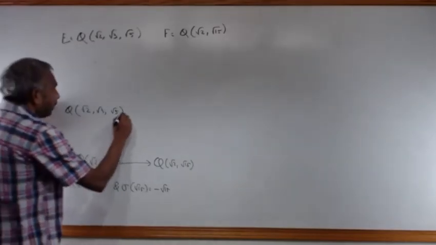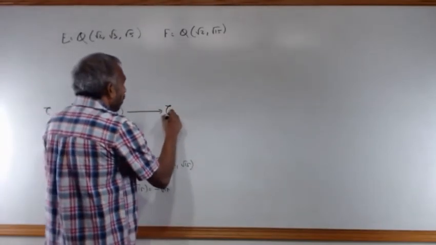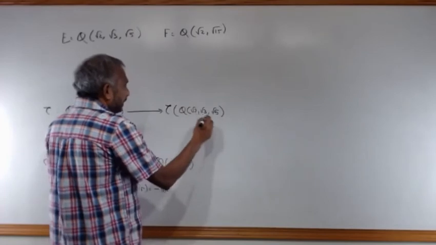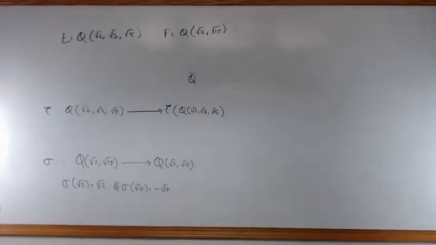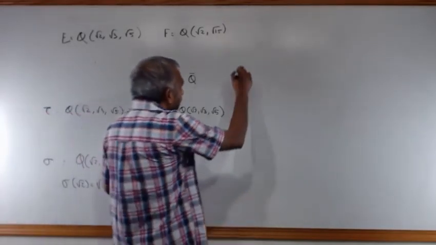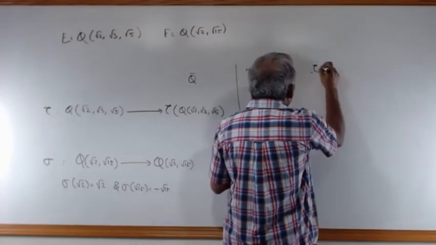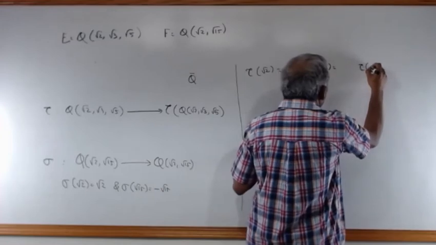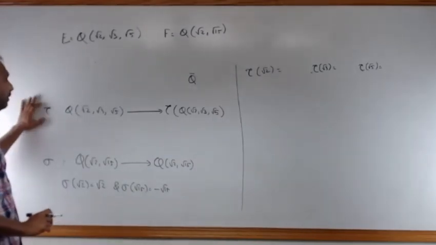So you can extend the sigma to a tau of Q of root 2 comma root 3 comma root 5, which is a subfield of the closure of Q. So when you define this one, you can define it like this: tau of root 2 equals, tau of root 3 equals, tau of root 5 equals. So this is a complete definition of this isomorphism.